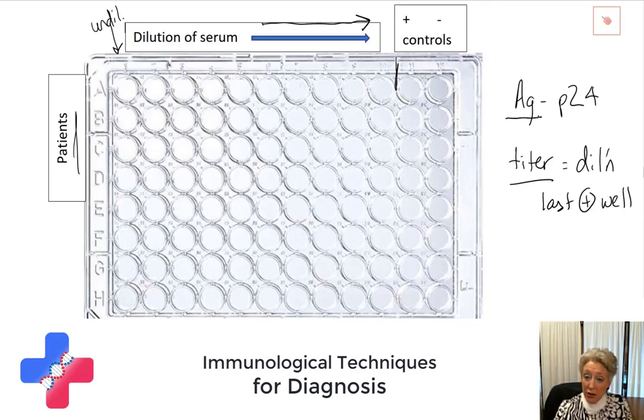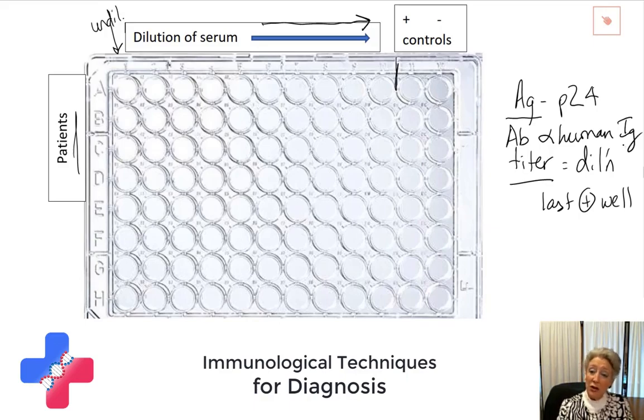So going back to having the dilution of serum, I'm now going to add a second antibody. My second antibody is going to be an anti-human immunoglobulin, something made in animals perhaps, that will react with the antibodies of a human.